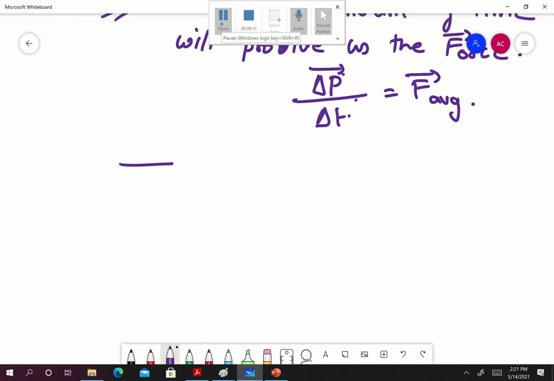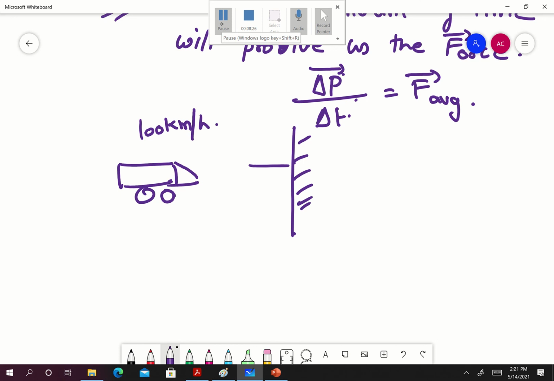Now imagine if this car, which is moving at 100 kilometers per hour, has an obstruction in front, and the car crashes into this obstruction. What's going to happen? All of a sudden the car was moving at 100 kilometers per hour and came to rest.